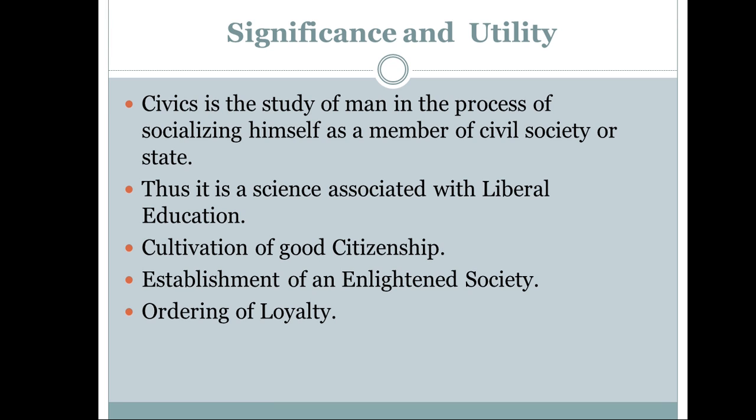That is establishment of an enlightened society. Citizens are the stuff society is made of. कहते हैं जैसी आवाम होगी वैसी, जैसी रियाया होगी वैसा हुक्मरान होगा. तो जो भी आपकी रियाया होगी, they should be people of enlightened wisdom.